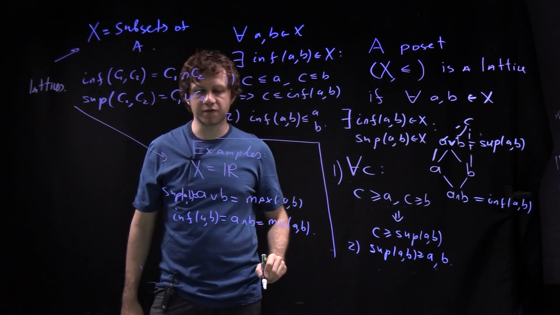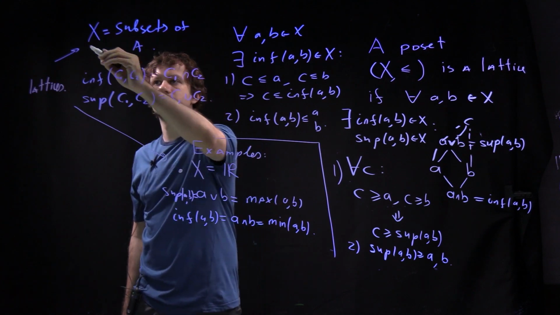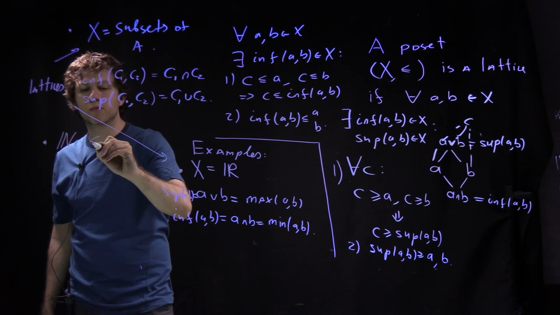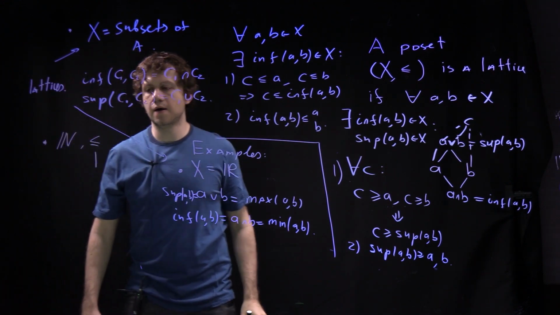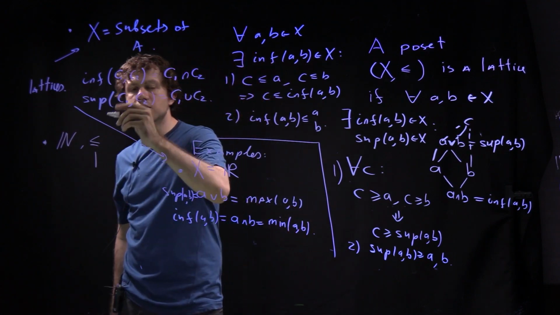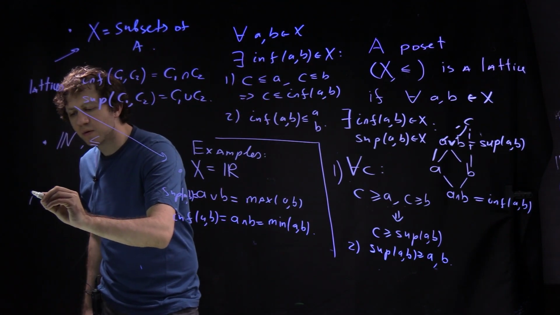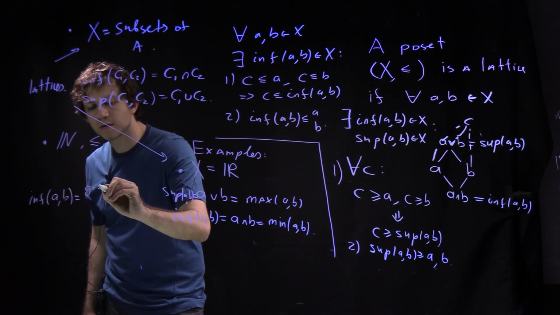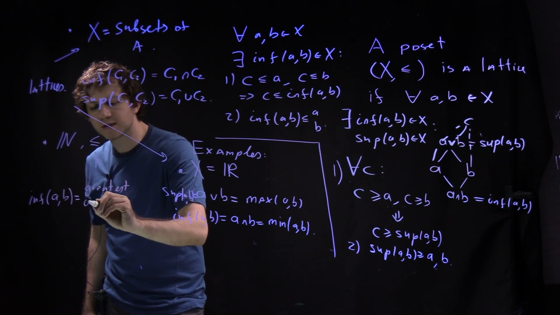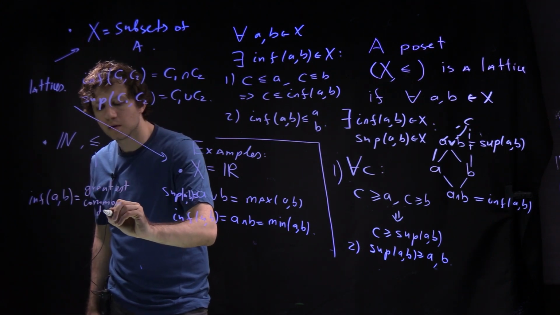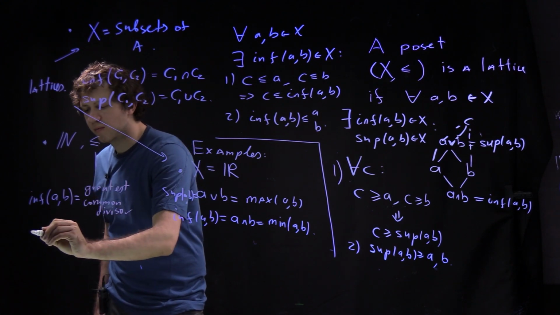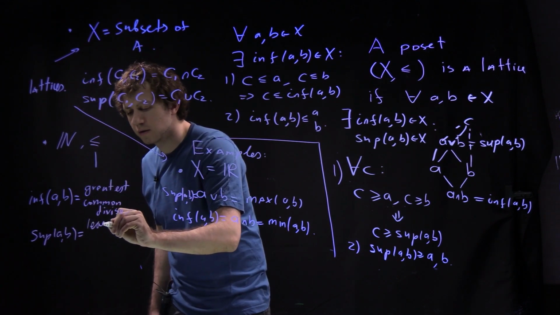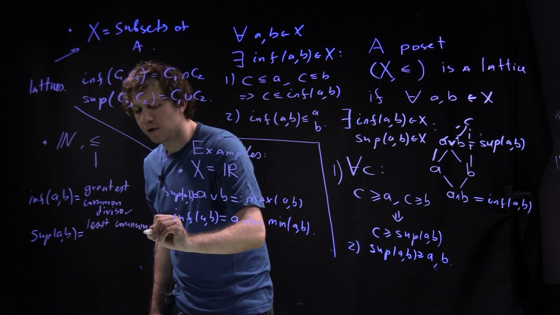So another example we had before, there was this interesting example. So this was the first one, second one. So the third one, if you take N with this less or equal meaning divides, then it's also interesting because you can easily check that the infimum of A and B is actually what's called the greatest common divisor, and the supremum of A and B is what's called the least common multiple.